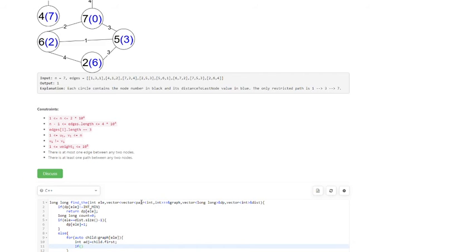We need to check if dist of ELE is greater than dist of ADJ, the adjacent vertices. If it is the case, we need to explore that subcase.